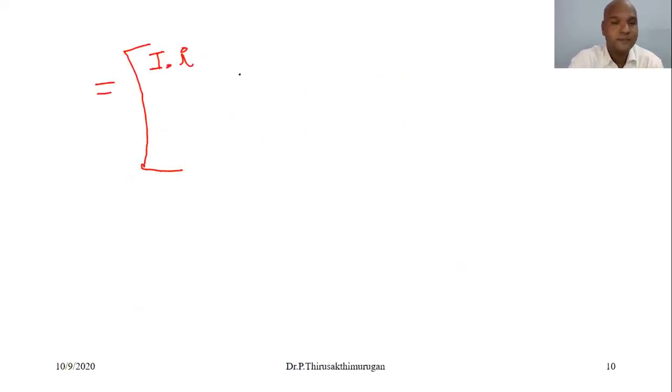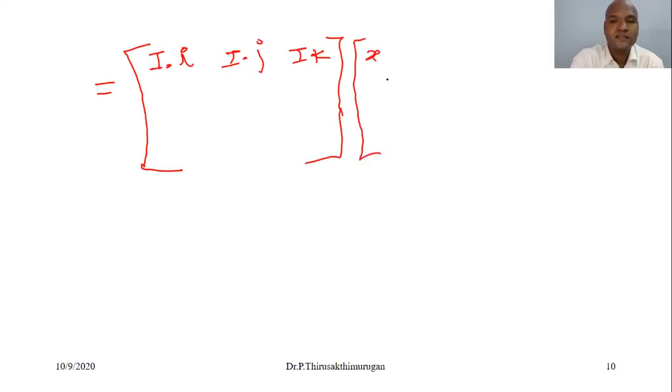Sorry, it's not into, it is the dot product: I dot I, I dot j, I dot k, with small x, small y, small z and x2, y2, z2.